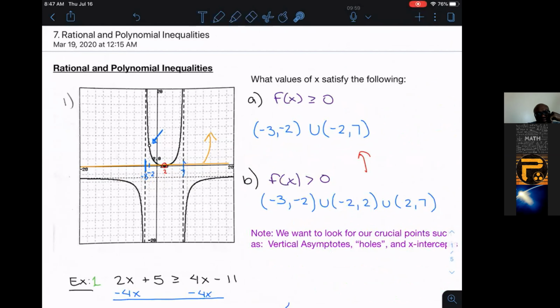Now you have negative 2 over negative 2, that's 1, so you get x. But since we're dividing by a negative, remember that our sign is going to flip. So if it was greater than or equal to, this one is less than or equal to. This says x is less than or equal to negative 16 over negative 2, that's 8.